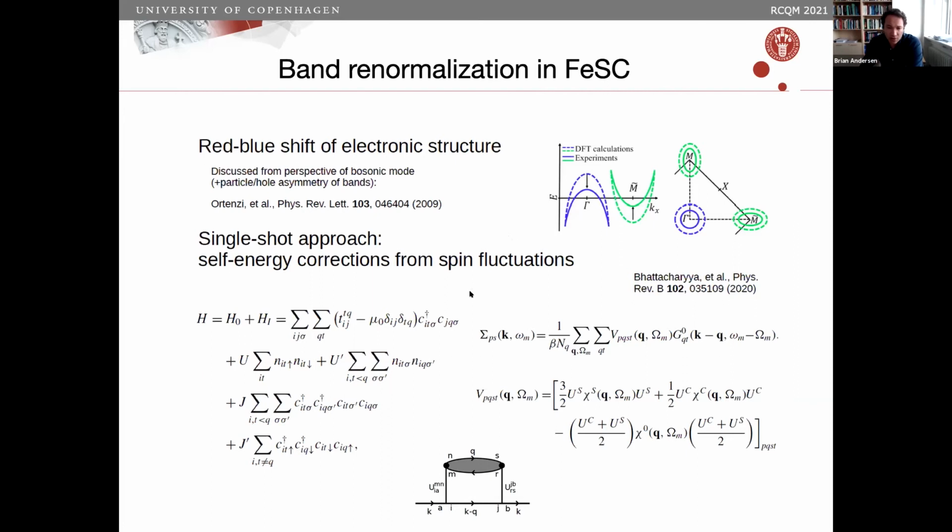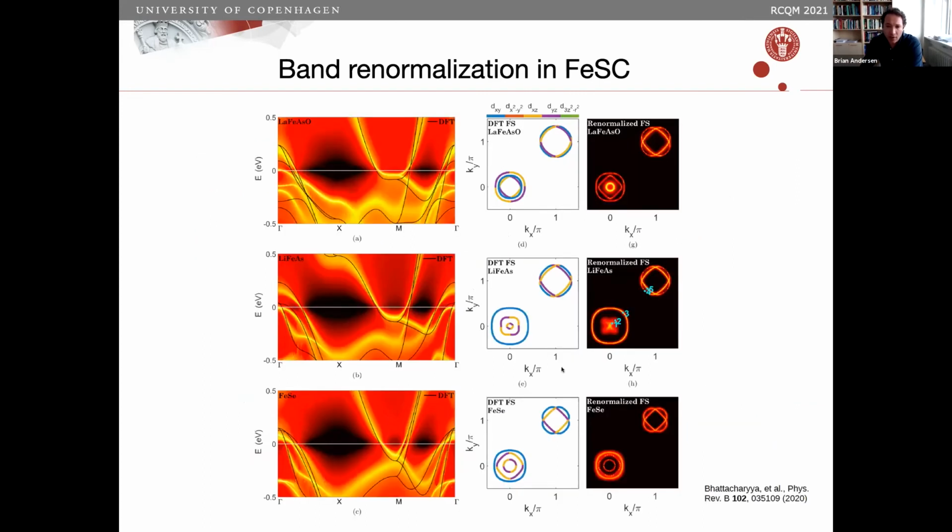So we tried to revisit this by including realistic band structures and correlations, and then calculating the self-energy in a one-shot calculation by including these kinds of diagrams, typically relevant if you have strong spin fluctuations. This is not the main part of my talk. I'll just show you the results of doing such a calculation for 1111, LiFeAs, and selenium: yes, there is such a pocket shrinking.